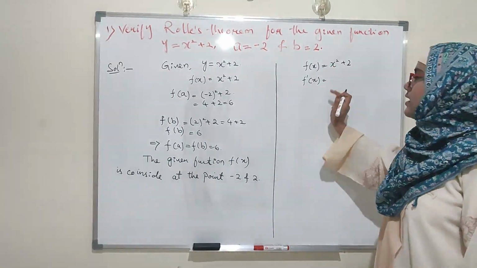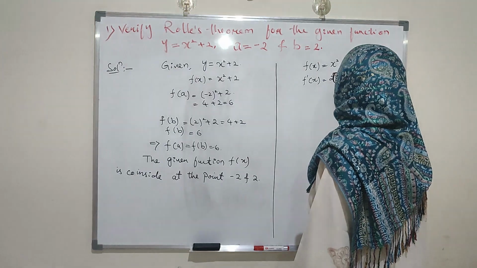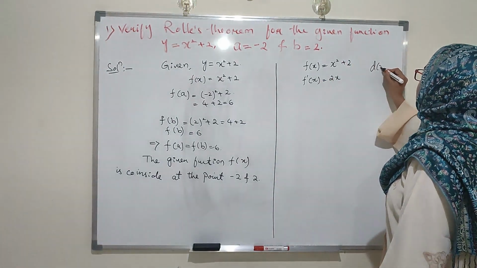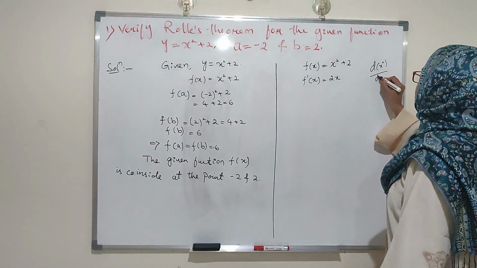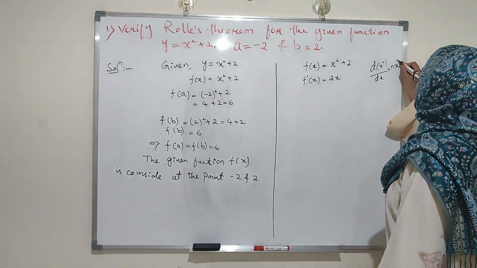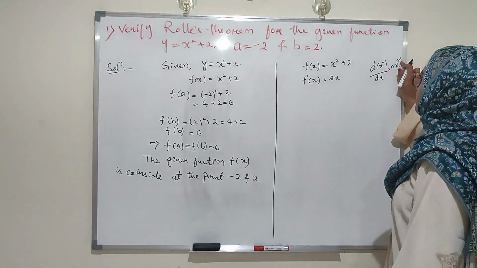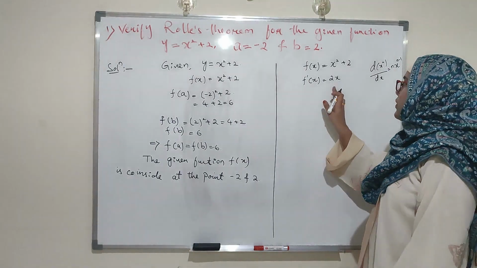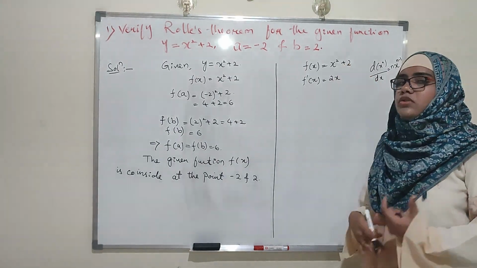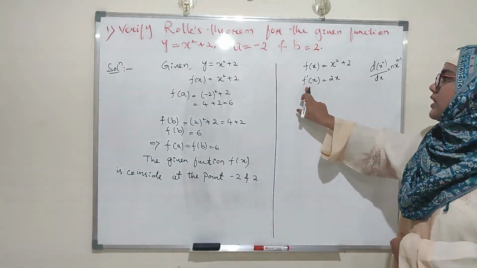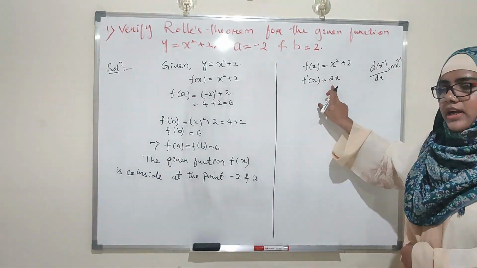Differentiation of x square is 2x, by using the formula for differentiation of x raised to n, which is n into x raised to n minus 1. So 2 minus 1 is 1, so 2x. Plus differentiation of a constant is 0. That's why the derivative, differentiation of f of x, is 2x.